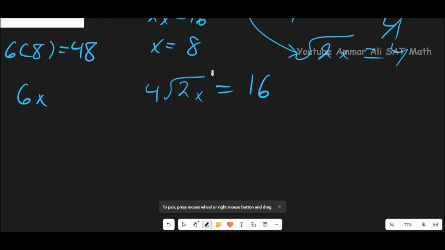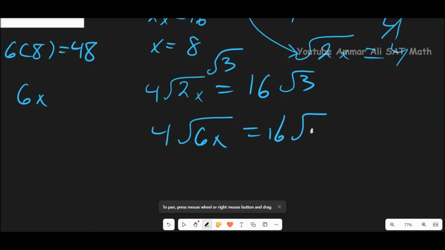To do that, we would have to multiply both sides by root 3. So we would get 4 times root 2x times root 3, which is root 6x, is equal to 16 root 3. Would that make sense? I don't know.